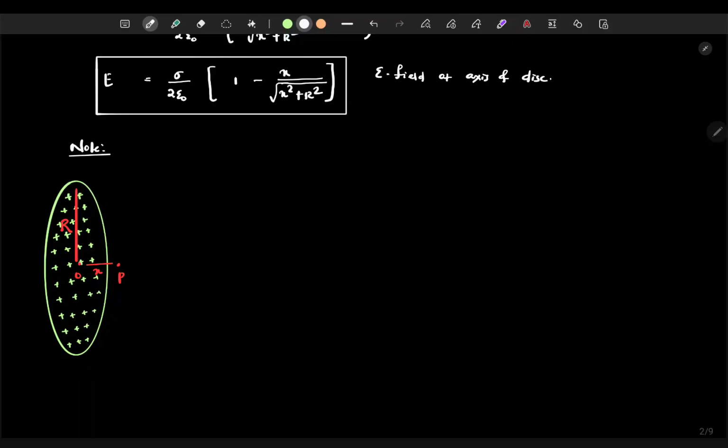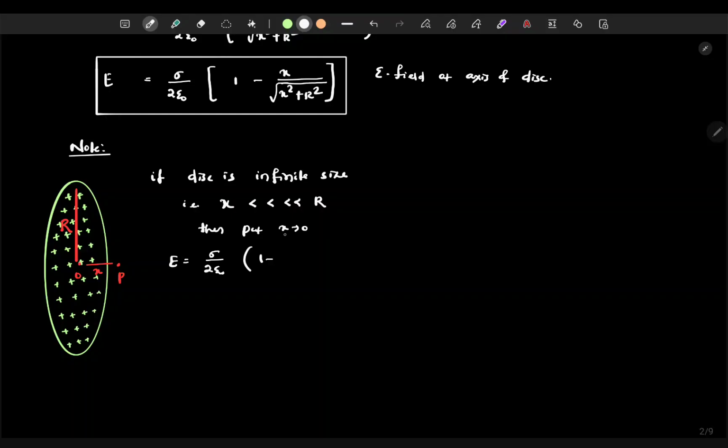So note the point: if the disk is of infinite size, then x is much less than capital R. Put x tends to 0, and the value of E becomes sigma by 2 epsilon naught into 1 minus x by something, which is 0.